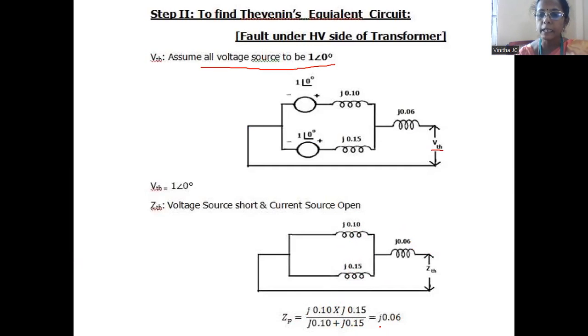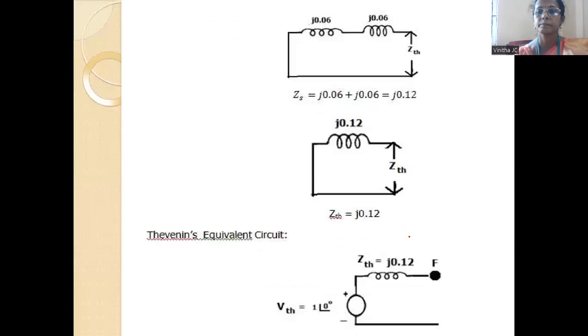So it is nothing but j0.06. This j0.06 will be connected in series with this j0.06. Now these two reactances are connected in series, so we can add them. So it is j0.12. The series impedance is nothing but j0.12.